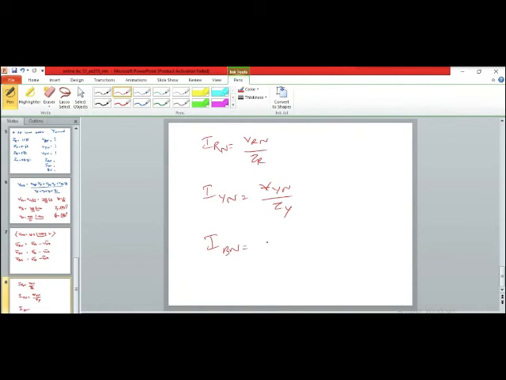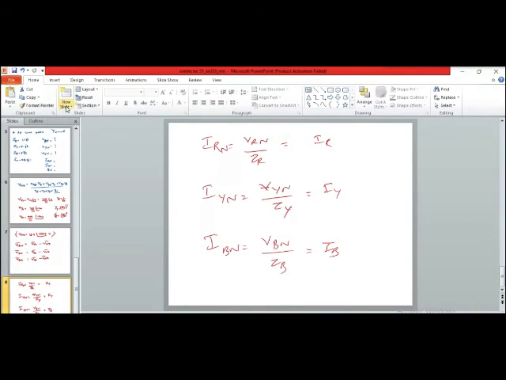IBN is VBN by ZB. This is as good as you can write in terms of line currents IR, IY, and IB. That's all. Clear? So you can solve for the answers at your place. Next, we can move on to the next one.